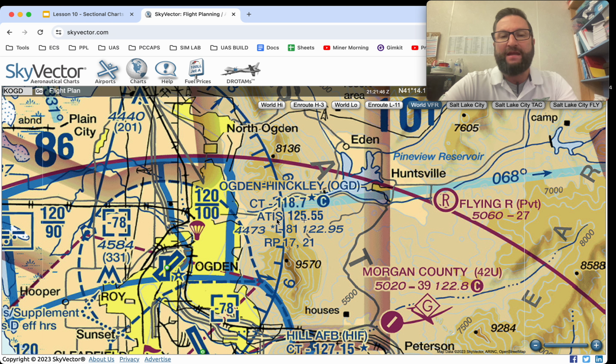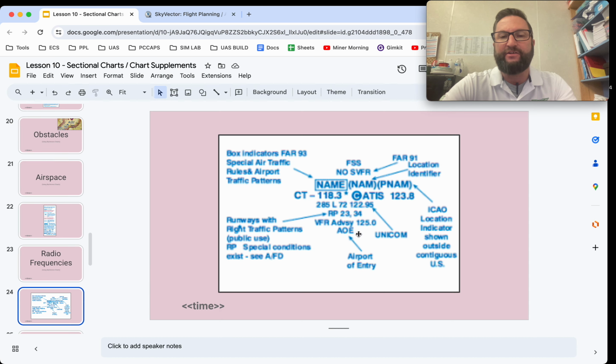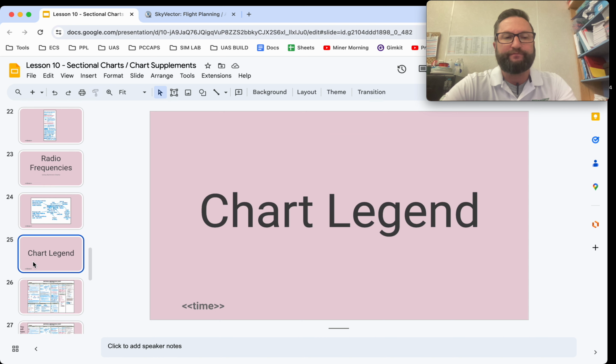And it's got an ATIS, that's some weather information. It's 125.55. The longest runway is 8,100 feet. It's got pilot controlled lighting because it's got a star next to it. The field elevation is 4,473 feet. And there's a right pattern for runways 17 and 21, but you can just use your legend to figure out a lot of that stuff as well.